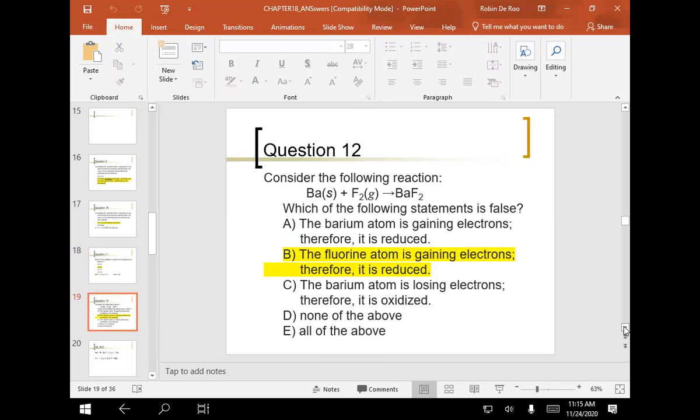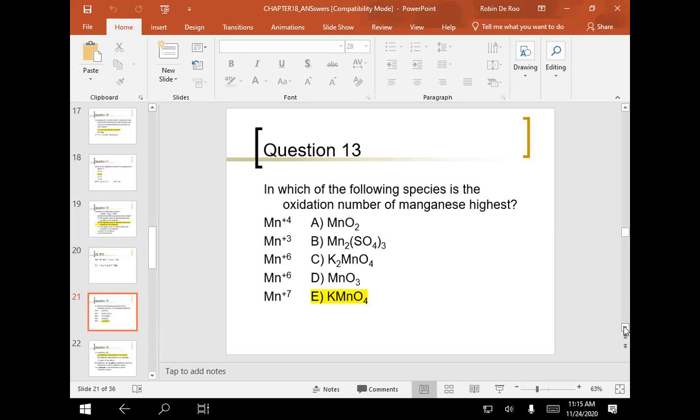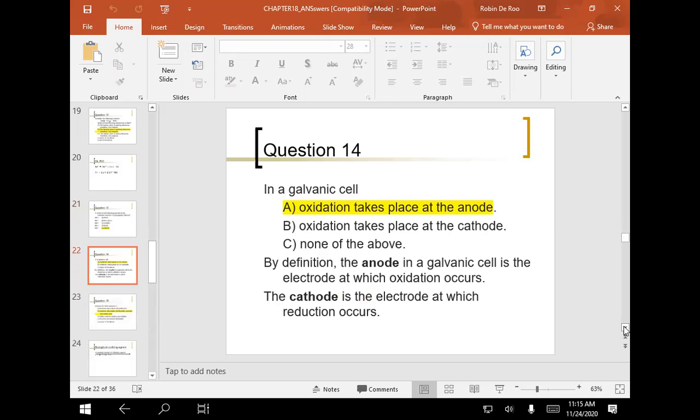You're going to want to be able to do the half reactions, because a lot of these questions are doing the half reactions and you can tell what's happening. A lot of these are just definitions.